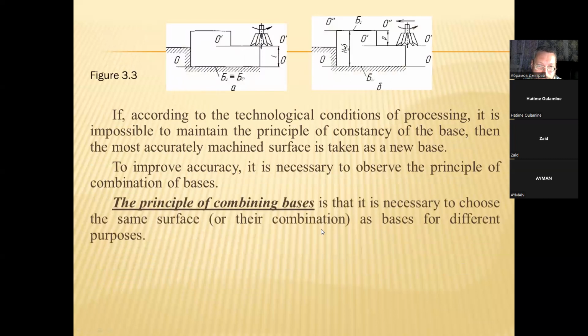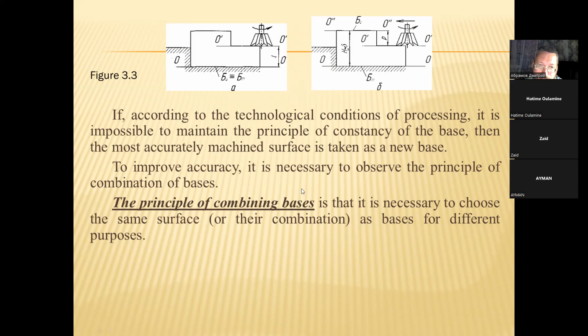If, according to the technological conditions of processing, it is impossible to maintain the principle of constancy of the base, then the most accurately machined surface is taken as a new base.